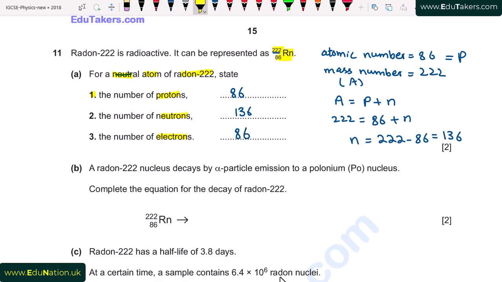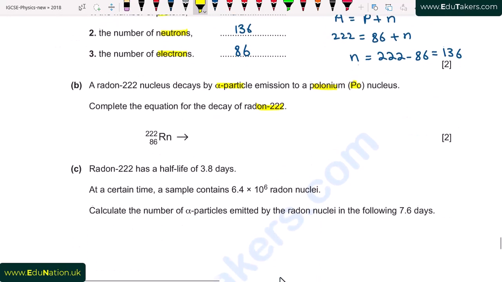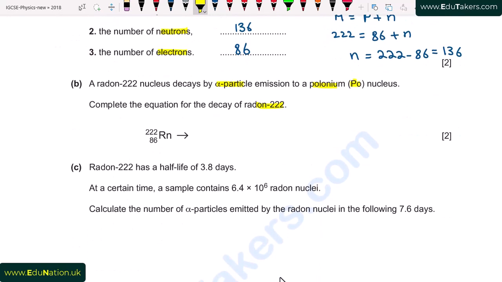Part B, a radon-222 nucleus decays by alpha particle emission to a polonium nucleus whose symbol is Po. Complete the equation for the decay of radon-222. So first of all, radon-222 changes into polonium with the emission of alpha particle.